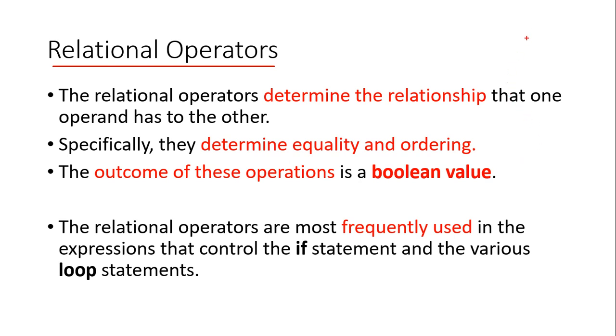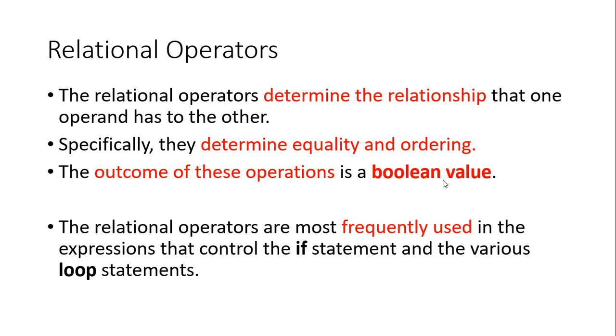The order could be somebody is elder than you, somebody is younger than you. In other situations, like in your class, you try to find out who is the tallest among you. That is also a relation.